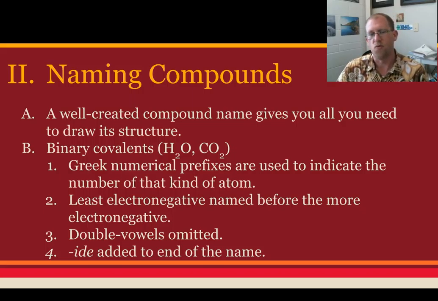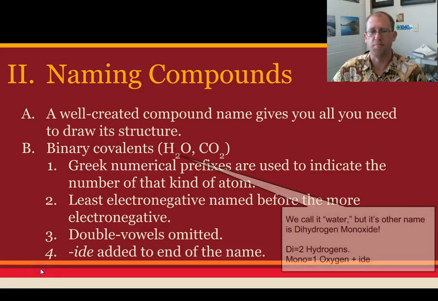And then we will stick "ide" at the end to try to let you know that it's a binary molecule. The Greek prefixes tell us that it's covalent. You'll see in a minute that "ide" is also used of ionics, but the Greek prefixes are only used of the covalent molecules. If that winds up creating a double vowel, then we truncate it. We remove that double vowel, so it's easier to say.